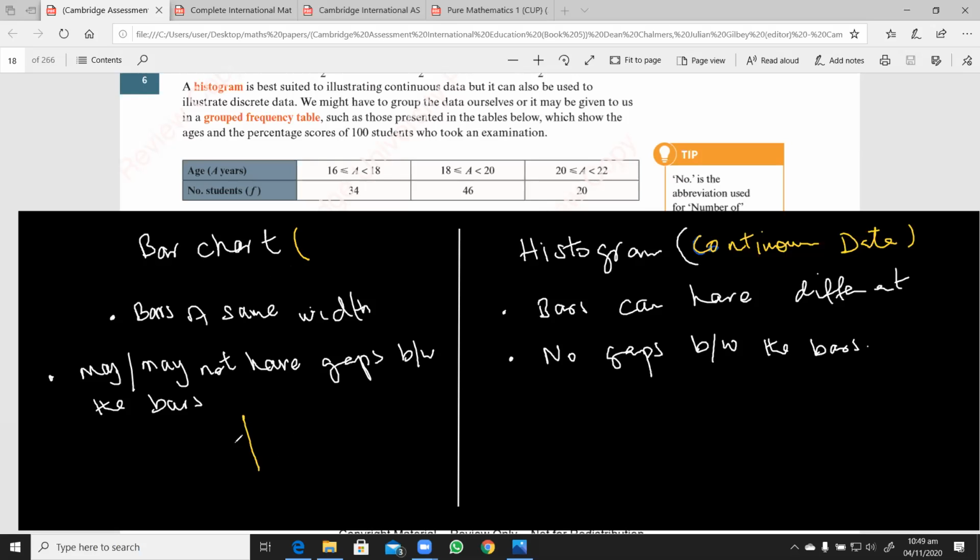Here is a bar chart showing that this many people like green, this many like red, and this many like pink. So that is qualitative data, where you have brands, different tastes, different countries, different subjects. And then you have quantitative data, which is only in terms of numbers.